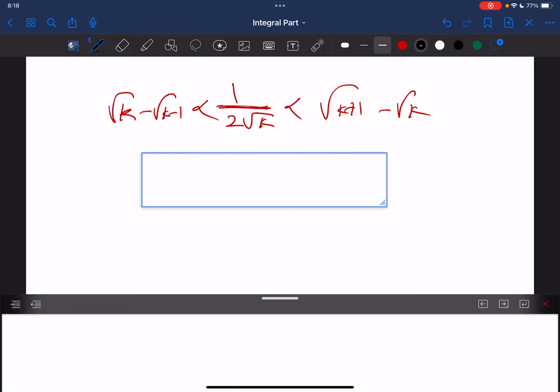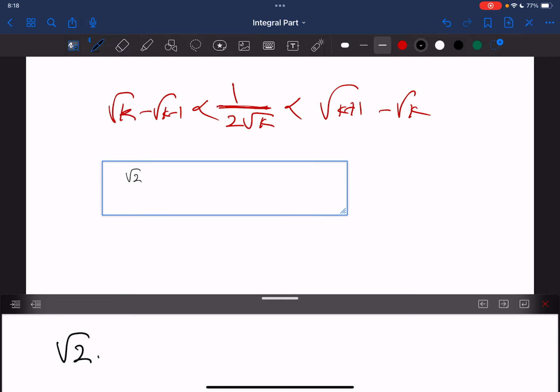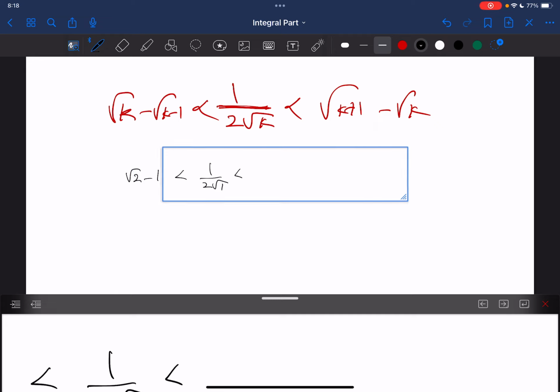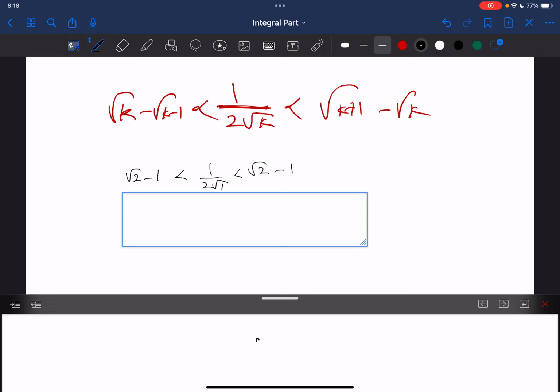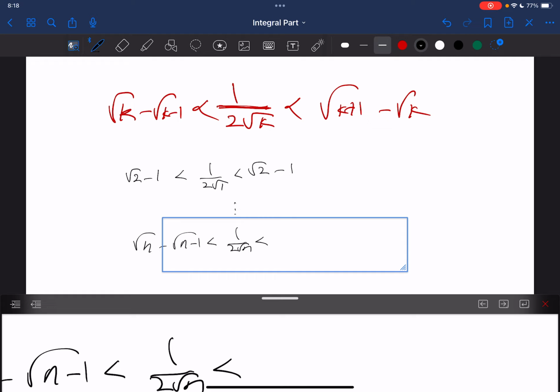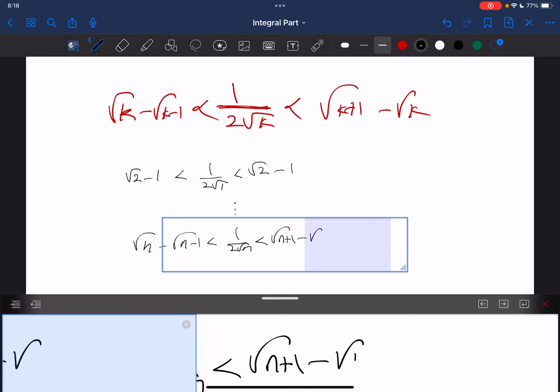Let me write root 2 minus 1 divided by root 2. And I'm going to put k equal to 1. And I'm going to get minus 1. And then I'm having root n minus 1 divided by 2 root n.